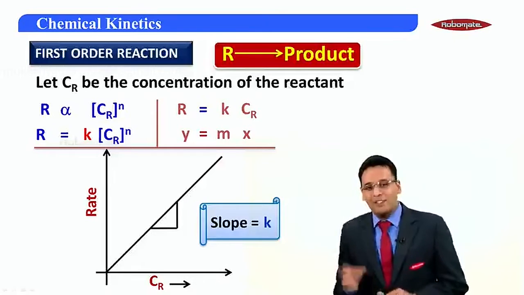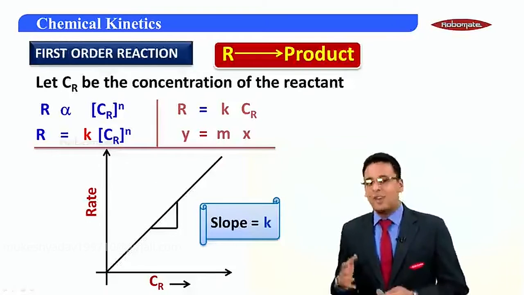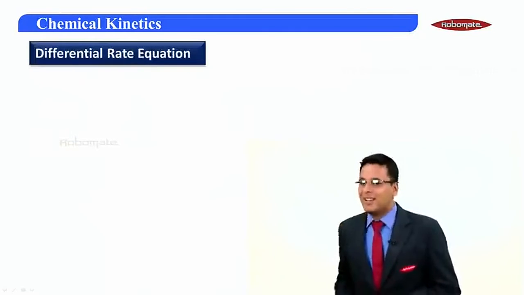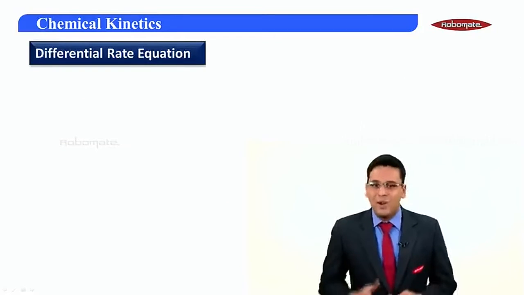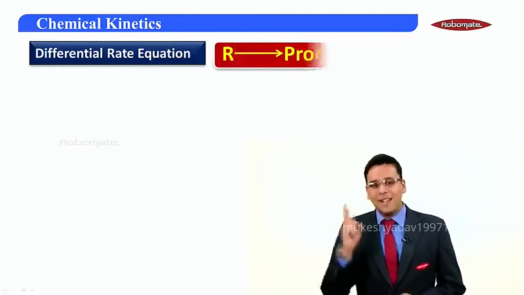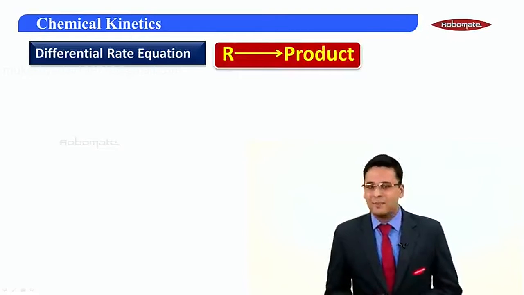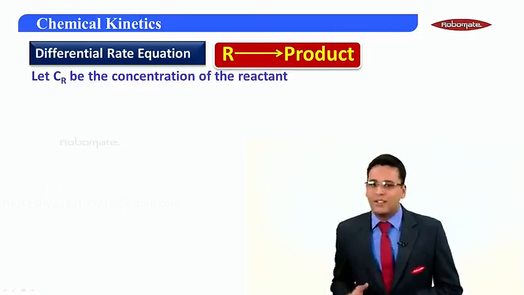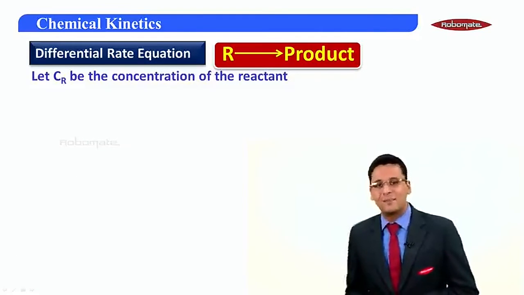Also, with the help of this general rate law, R is equal to k into Cr, we can get something which is known as the differential rate equation. It's really very simple, guys. All you have to do is take the same reaction, reactant giving product, and again consider Cr as the concentration of the reactants.